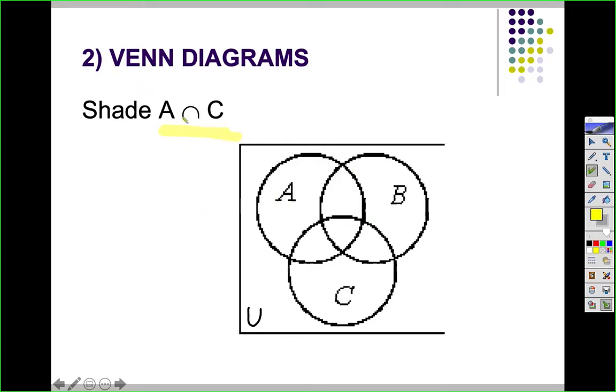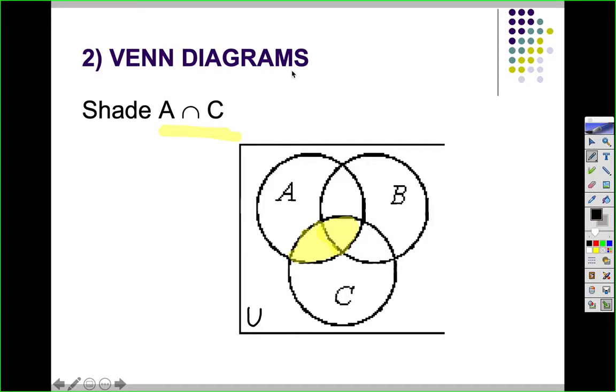This is just saying what part of A intersects, which means overlaps with C. So I think we would all say that A and C overlap right there. And then the last question would be, do we still use this part because this part has B in it also? And the answer is yes. If it doesn't say anything about B, you just completely ignore B.